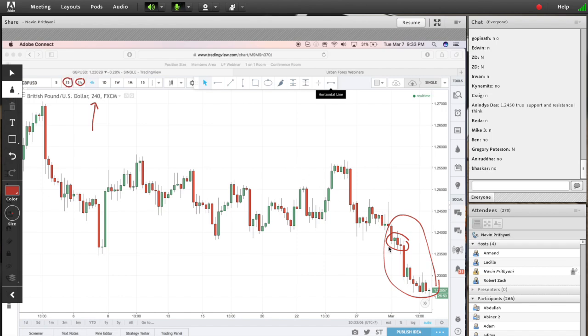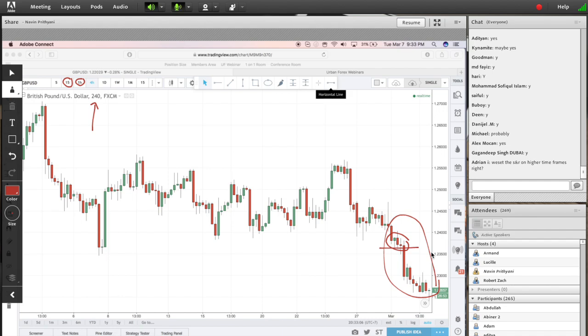For them, would this be true support equals resistance? Oh yeah, absolutely. Right? Just keep that in mind. Keep that floating around in your mind, that what is not true support and resistance to the big boy can still be true support and resistance to the smaller boy.